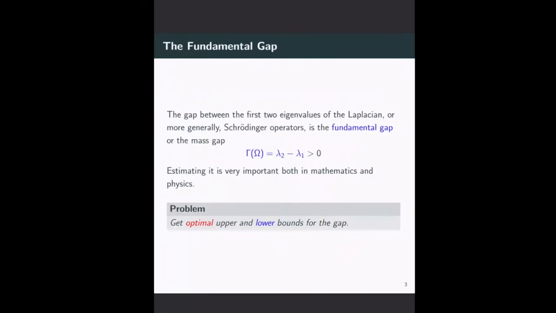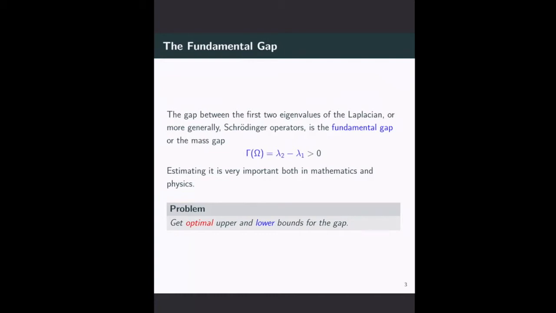The gap between the first and second eigenvalue of the Laplacian, or more generally, we can add a potential and treat the same problem with Schrödinger operators, is called the fundamental gap or the mass gap. It's denoted by gamma of omega, and it's simply lambda 2 minus lambda 1. Estimating it is very important both in mathematics and physics.